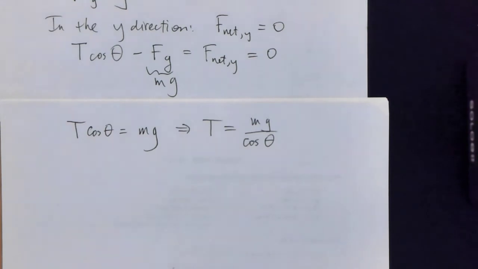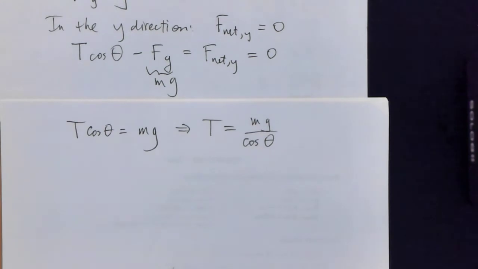Now you can also see it with the math here. After we solve this for the tension, can the cosine of theta be bigger than 1? In fact, if theta is equal to 0, what is cosine? 1. So that's the maximum it can be.